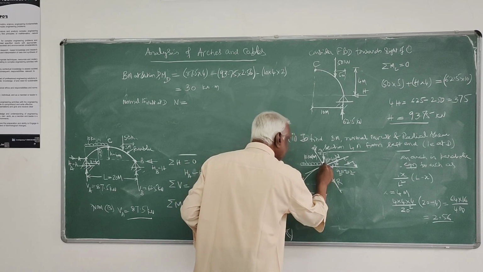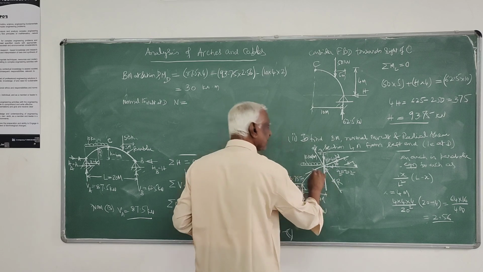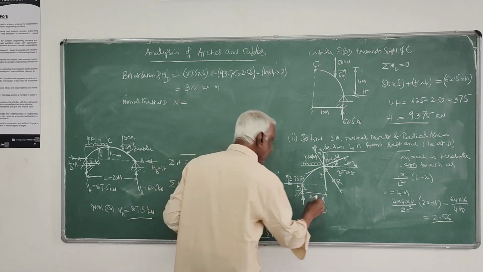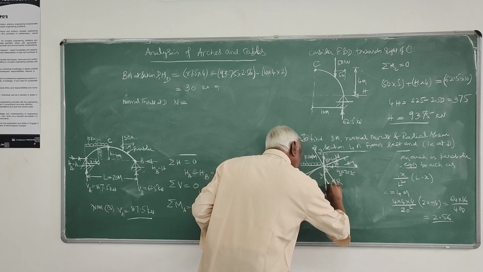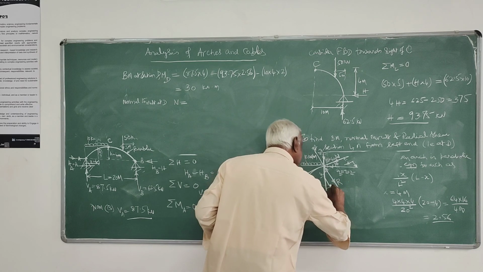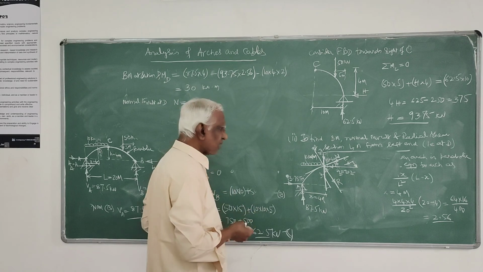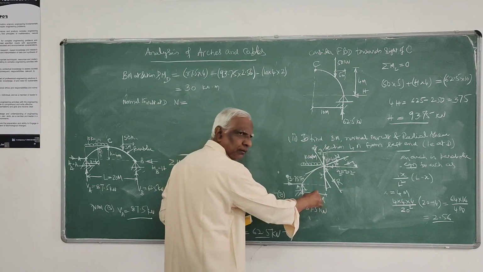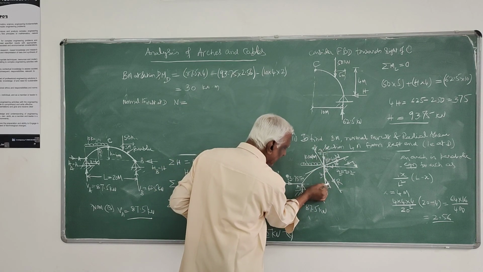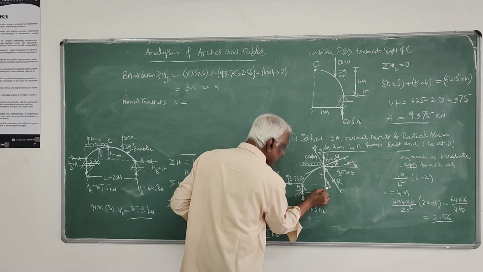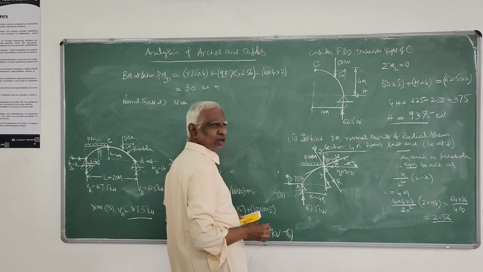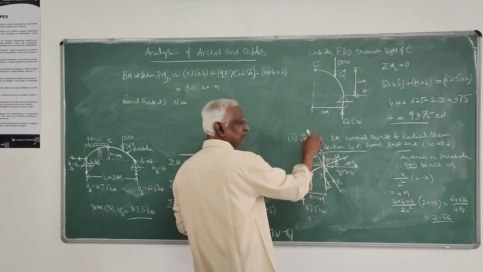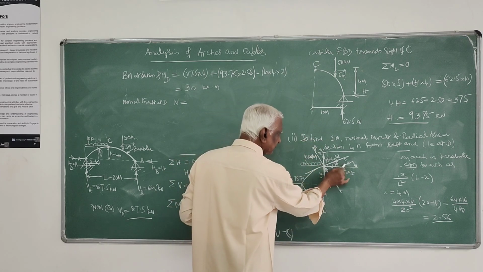Similarly, this Vd, you resolve along this and along this. Because this Vd is down, this has to be like that. This is theta.